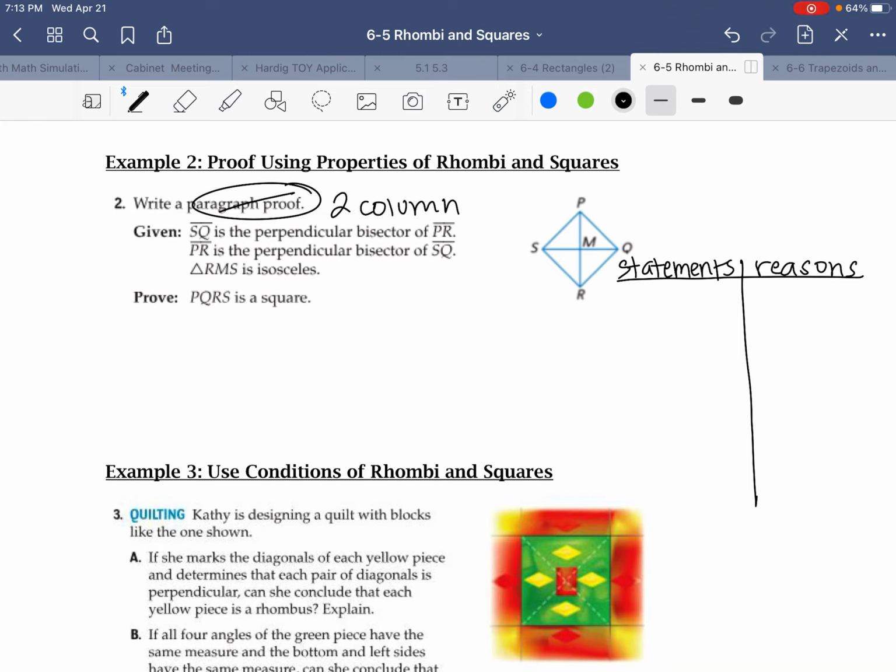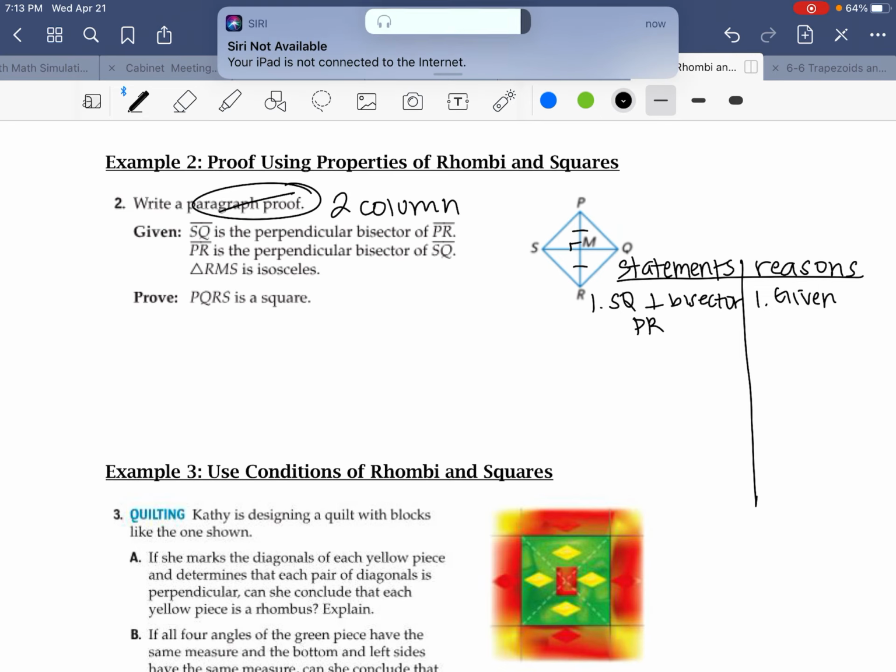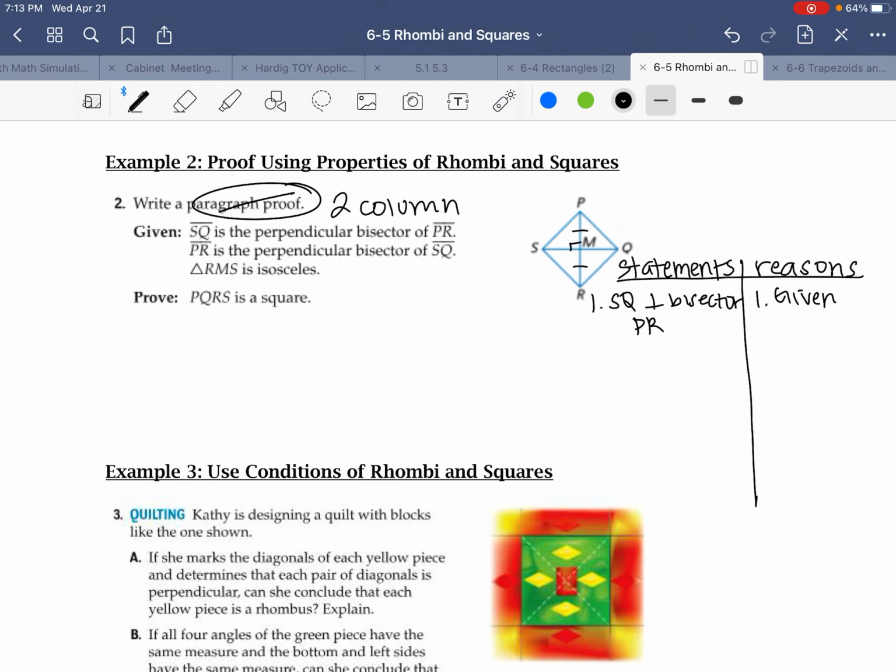The first thing that we're given is that SQ is a perpendicular bisector of PR. So knowing that, I now know that PM and MR are congruent because it's a perpendicular bisector. And I also know that SMP is a right angle. And again, my reason was because this was given. The second statement, because I've already taken care of that.